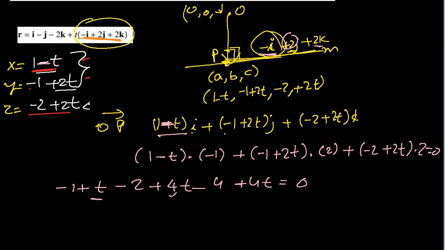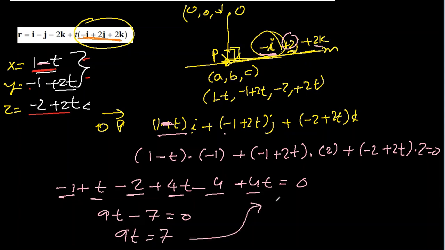So let's collect t's. t plus 4t is 5t, 5t plus 4t is 9t, minus 1 minus 2 is minus 3, and minus 4, minus 7, equals 0. 9t equals 7. So t comes out to be 7 over 9. And now that we have t, we can use the parametric equations to find the coordinates ABC.